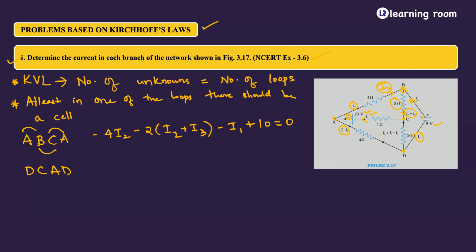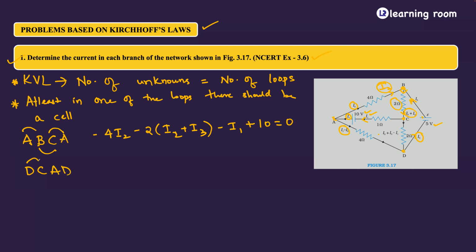See, when you go from D to C, okay? The reason I gave you this is I wanted you to understand how to do it when you go in the direction opposite to current also. So when you go from D to C, you are walking in the direction opposite to current. So you are walking across whom? Across a resistor.